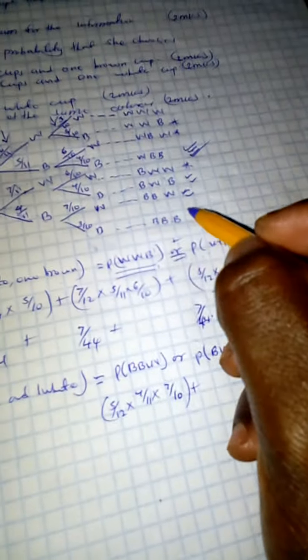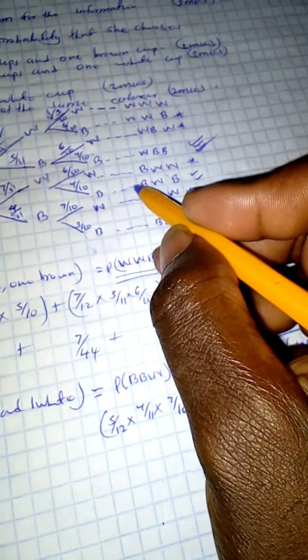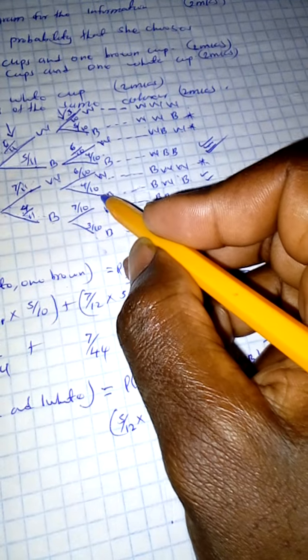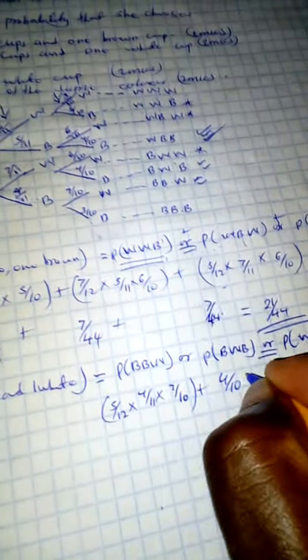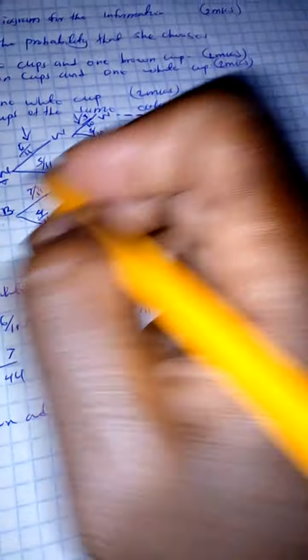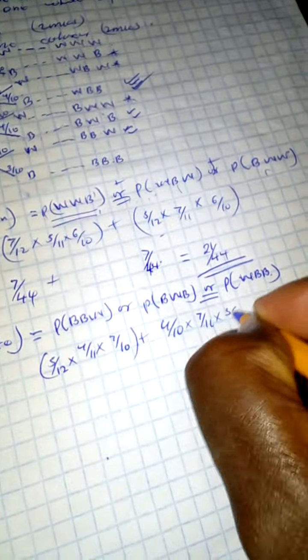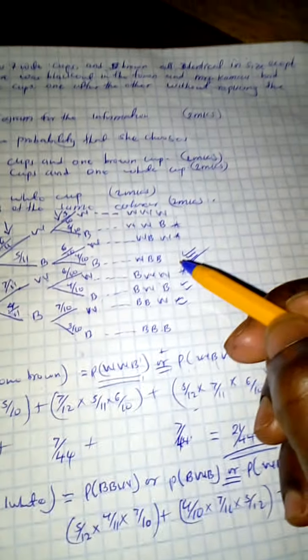plus I want BWB, this root: 4 over 10, then it goes this way to 7 over 11, then it goes to 5 over 12, plus the next one.